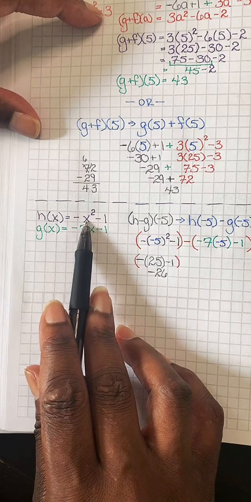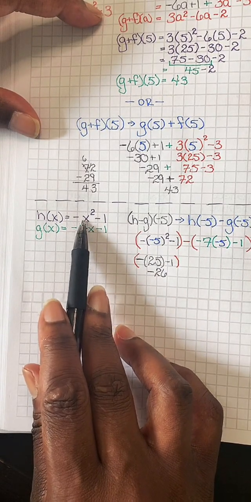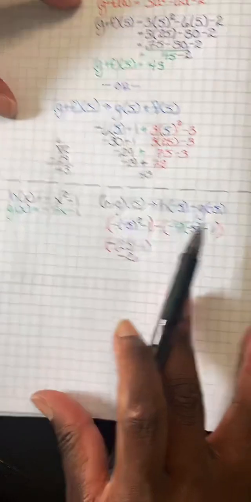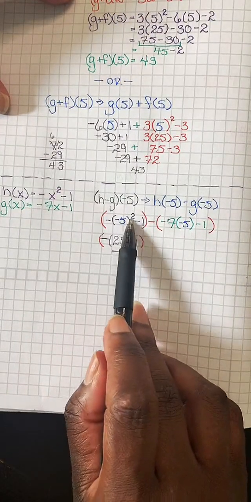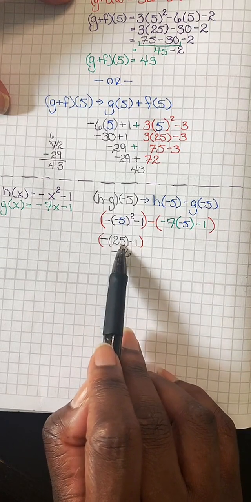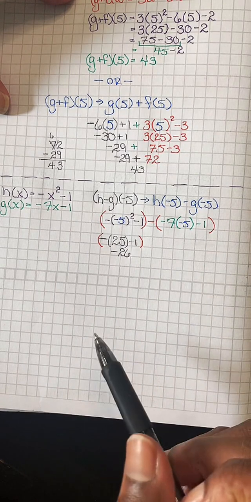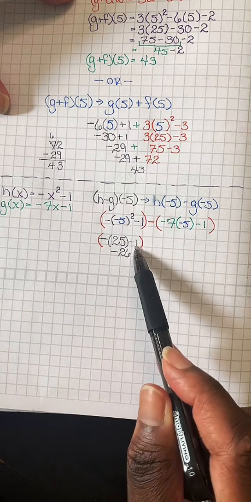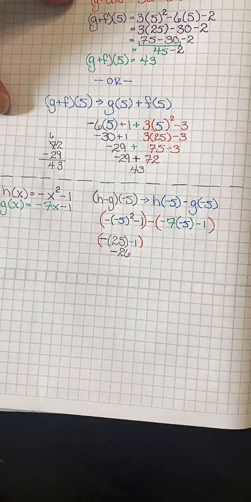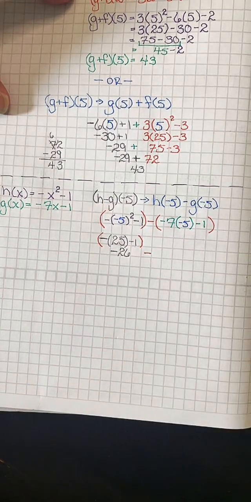We only substituted the x for the -5, so I put parentheses around that. Once we got rid of the square, we have this negative multiplied to that 25, which gives you a -25. Then we bring down our -1. That's where the -26 comes from. It has a minus sign, and that minus sign is going to drop.